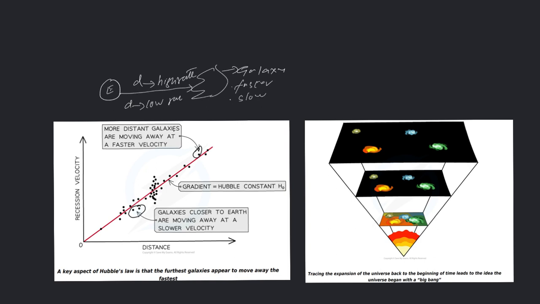So this shows that the recession speed of the galaxy and the distance between Earth and the galaxy are directly proportional to each other, and this is known as Hubble's law. According to Hubble's law, the recession speed of a galaxy is directly proportional to the distance between Earth and the galaxy, so v equals H naught d, where H naught is the constant of proportionality.